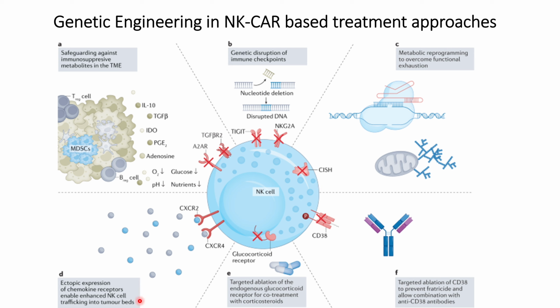And in terms of panel D, what can be done is the overexpression or ectopic expression of chemokine receptors such as CXCR2 or CXCR4.